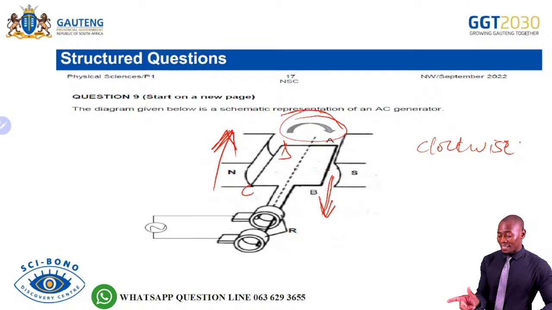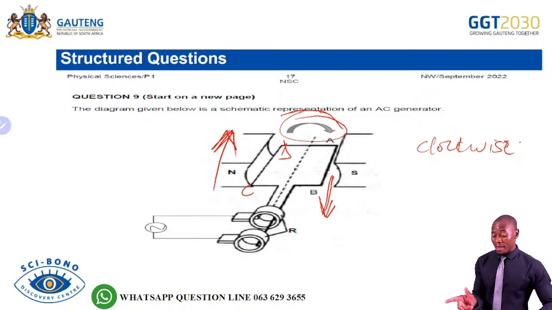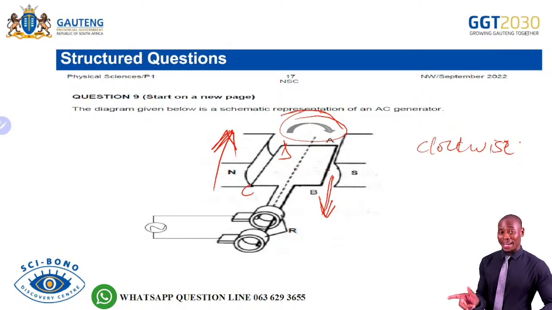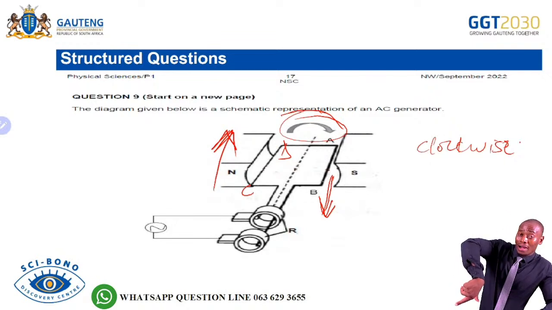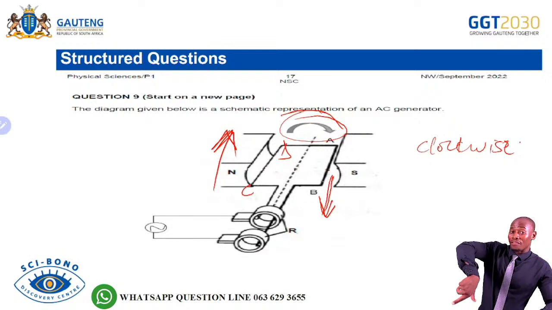Then check, if I'm like this, the thumb is facing up, and this is the direction of the force. And AB moves down. So I need to rotate my hand to accommodate the direction of the force. All right. So when I rotate it, I've now accommodated the direction of the force. So AB moves down. The direction of the magnetic field is north to south.